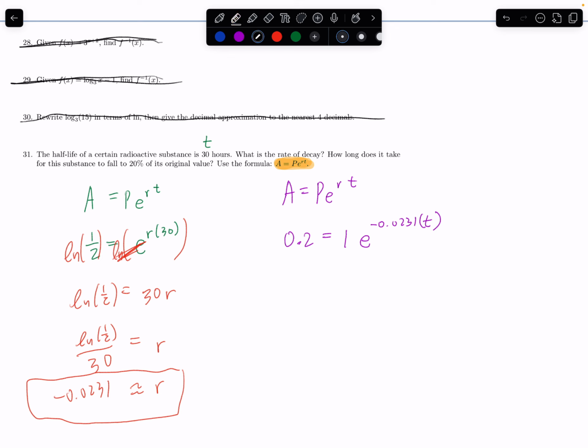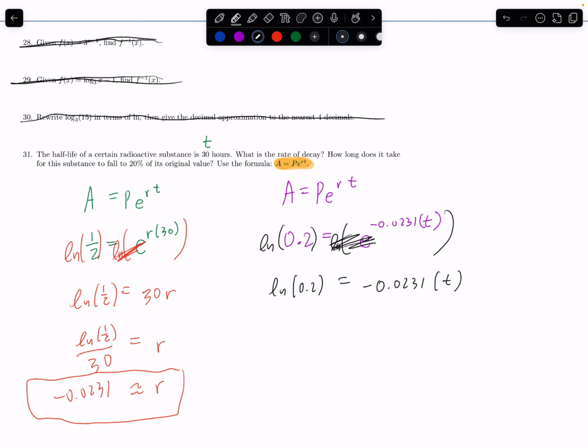Okay, hit both sides with the natural log. Natural log of 0.2. Natural log of this thing. What does the natural log do on the left? Just becomes a natural log of 0.2 like it says. On the right, forget about the 1. I got natural log of e to something, which means undoes it. And I got negative 0.0231 times t.